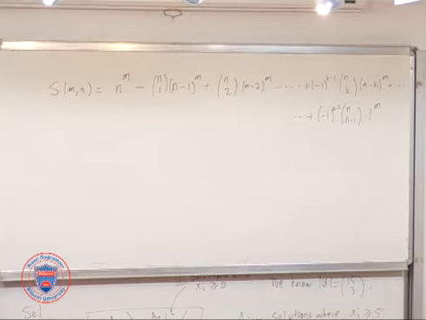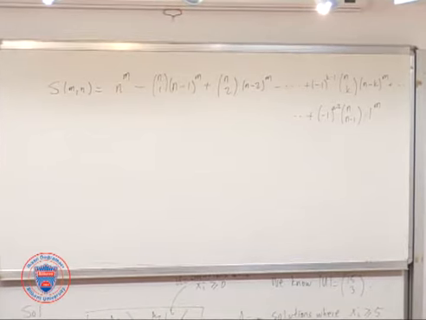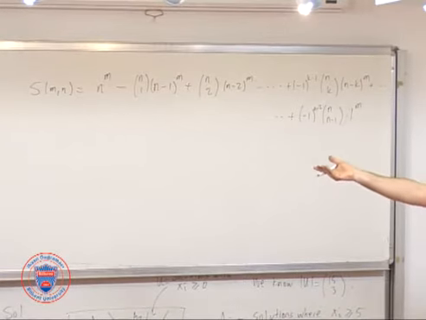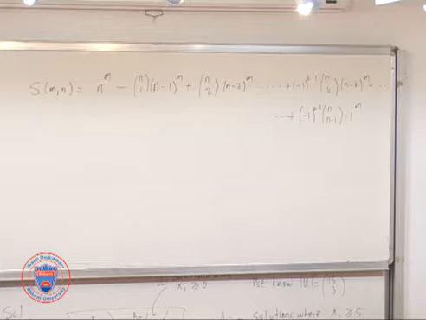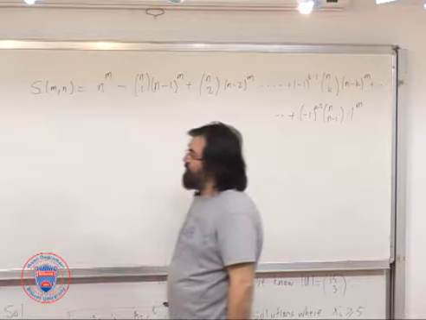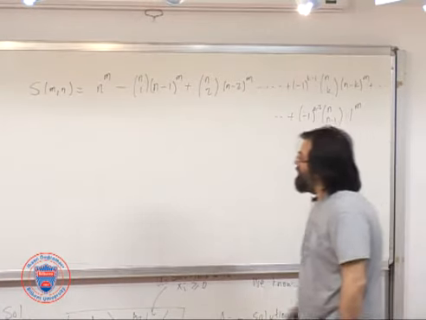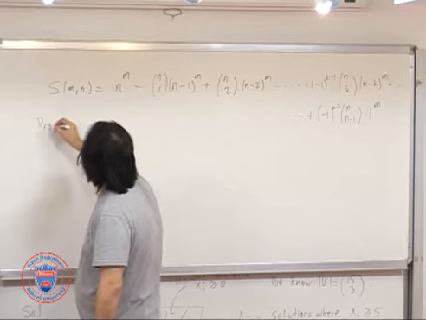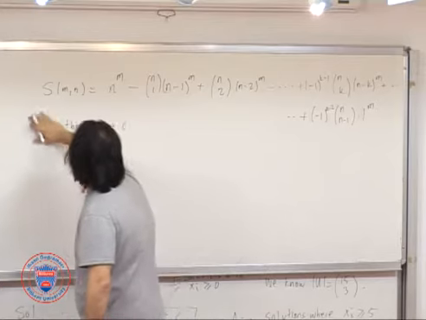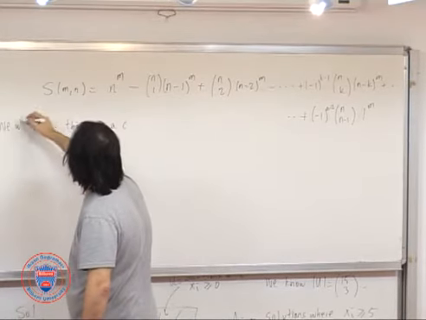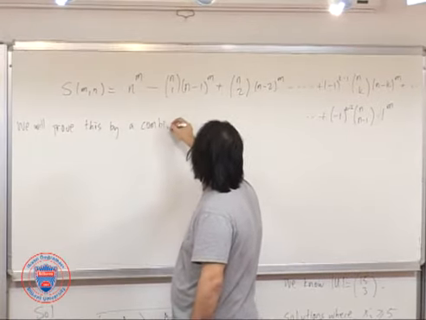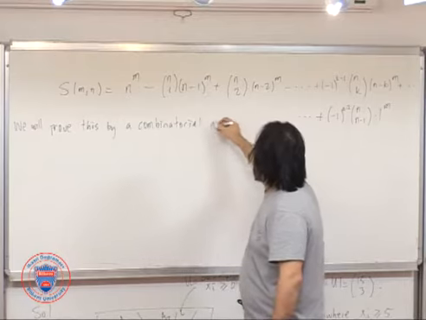We actually wrote some of the other relations, but this is one of those questions where, even if you know the formula, you may not be able to show that it's equal to this. You have to go back to the roots and see it in terms of the definition, and write a proof. Prove this by a combinatorial argument. I told you a couple of times that you can prove something using a combinatorial argument.